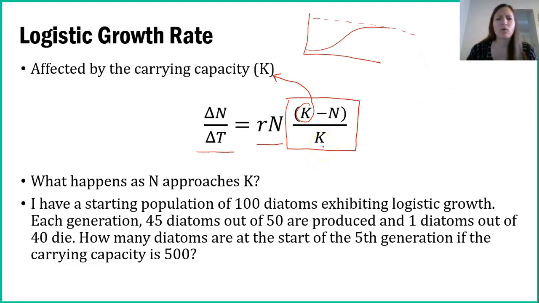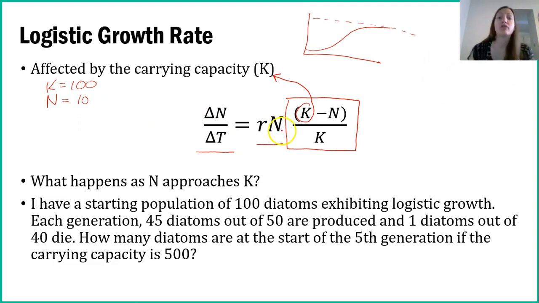Before we talk more about our problem, let's talk about this term, (K minus N) over K. The question is, what happens as the number of individuals in our population approaches K? So let's use an example where K equals 100 and N equals 10.